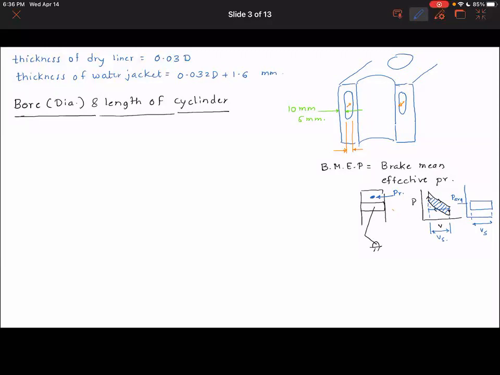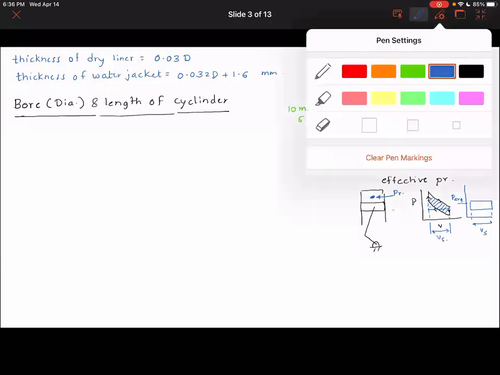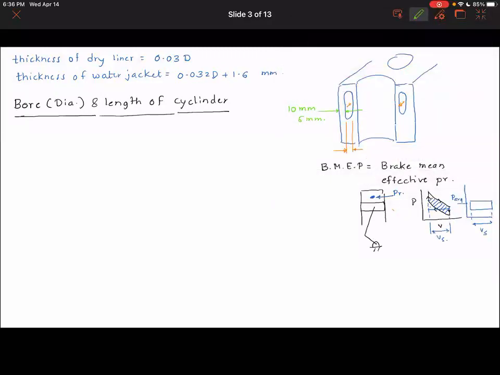So if I were to find out the average pressure, in terms of internal combustion engine design, it's called mean effective pressure, which is called MEP.